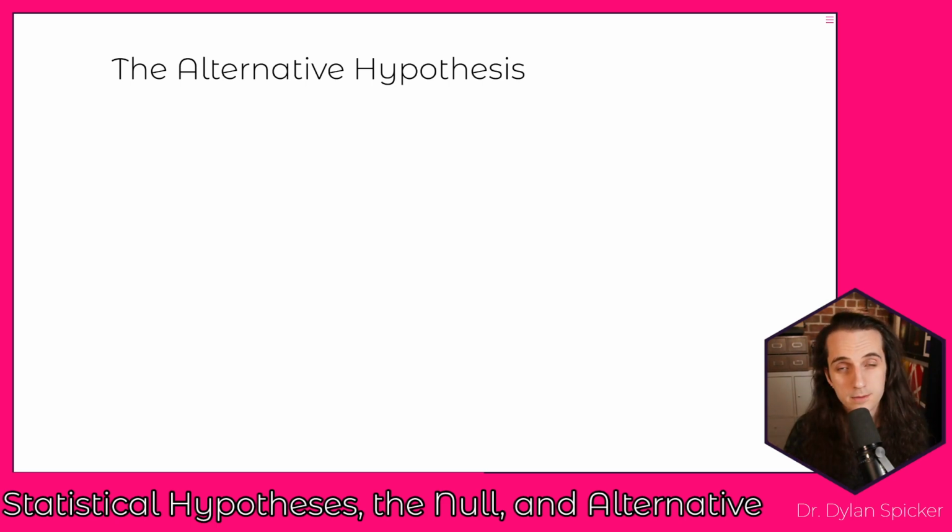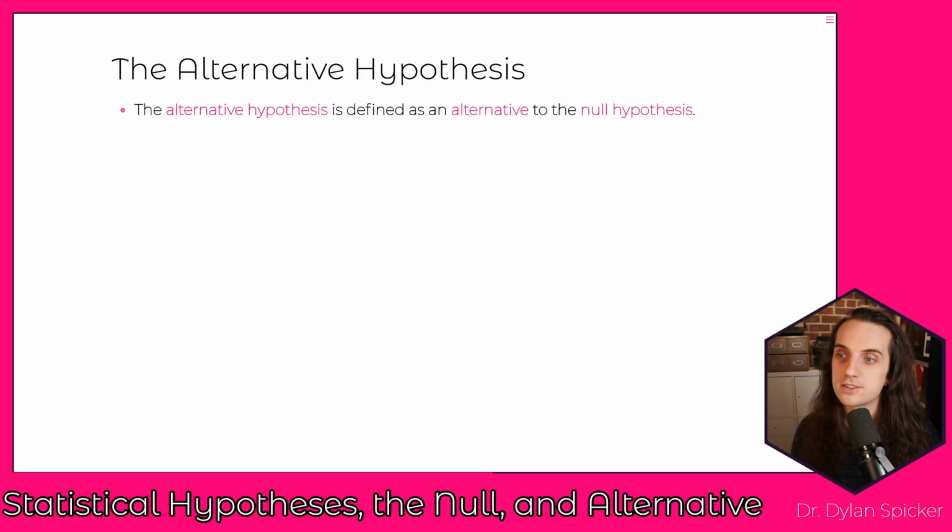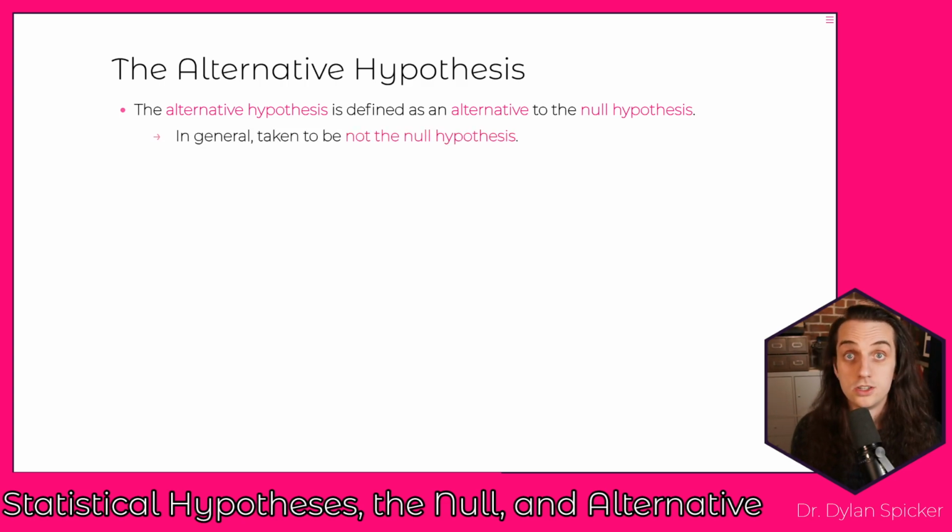So if we have the null hypothesis being the default state of the world, then the alternative hypothesis is going to be set up in contrast to that. The alternative is defined as what our alternative to the null hypothesis is going to be, so it's taken to be not the null hypothesis. If we say the mean is equal to 5, then the alternative is that it's not equal to 5.